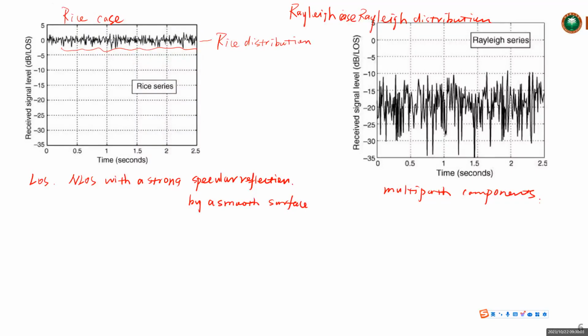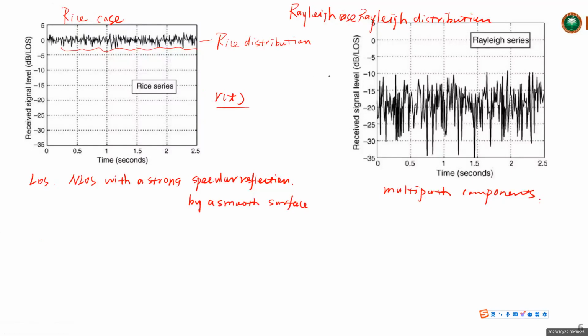So here, what we did is we expressed the received field strength or the received voltage in the time domain. So it can be expressed as the complex envelope with respect to time, all right?